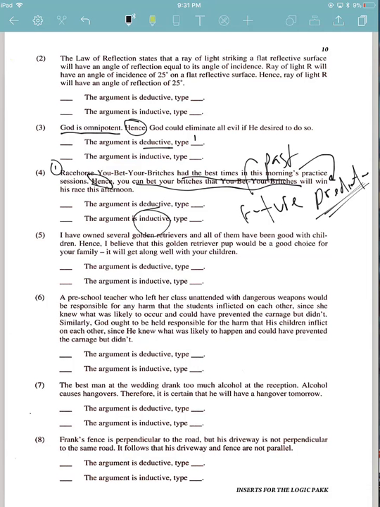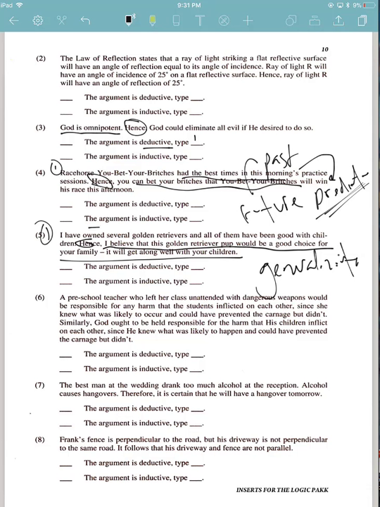Let's just even do this one. I like this one. It's kind of fun. I have owned several golden retrievers, and all of them have been good with children. Hence, this is my conclusion: I believe that the golden retriever pup will be good with children for your family. Now notice this one is a generalization. Why? Because I'm going from what I owned in my experience, and I'm generalizing it to another family.